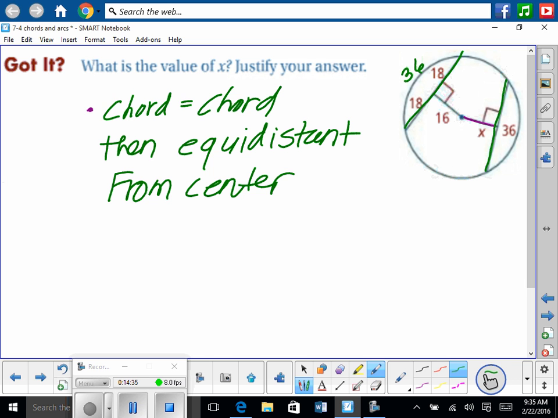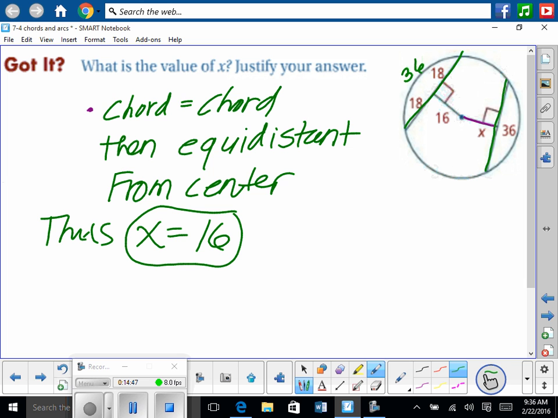Isn't that true? They're equidistant from center, thus, X must equal what? 16. Questions on that? Okay, couple more, then I'm going to let you go.